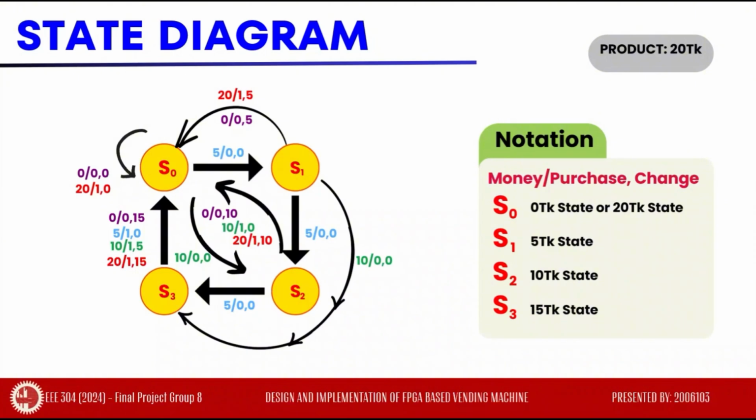For example, moving from S0 to S1 happens when 5 taka is inserted. With no product dispensed yet, once the full amount of 20 taka is accumulated, the machine transitions back to S0, dispensing the product and any change if applicable.